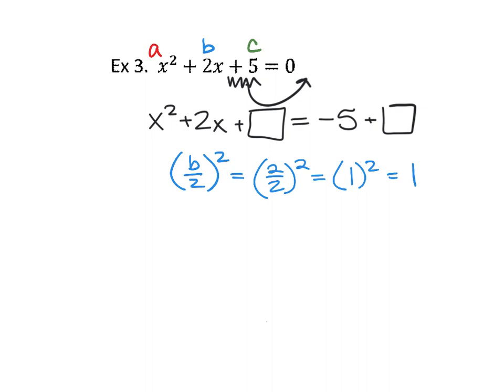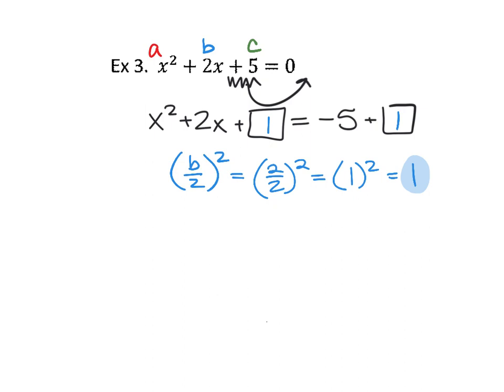I'm showing all of that work on purpose. I highly recommend showing from start to finish on this kind of step. So the number that I get here is the number I'm going to put in the boxes. That's what I want to add to both sides, because it makes the left-hand side what's called a perfect square trinomial.